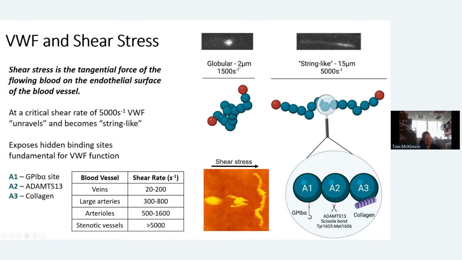As these images show, at 1500 inverse seconds our protein appears in this kind of border string, this kind of globular structure. But if we expose it to a shear force of 5000 inverse seconds, it will extend into an elongated piece of string.